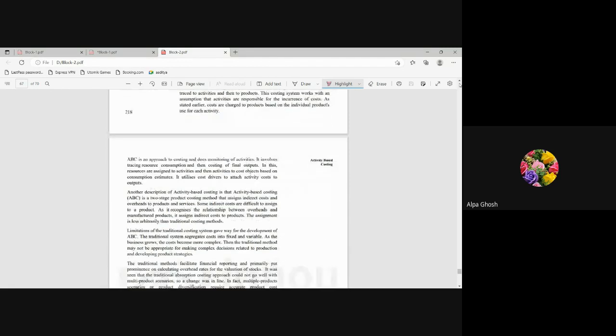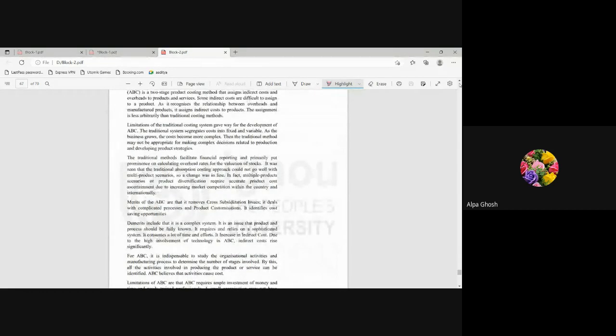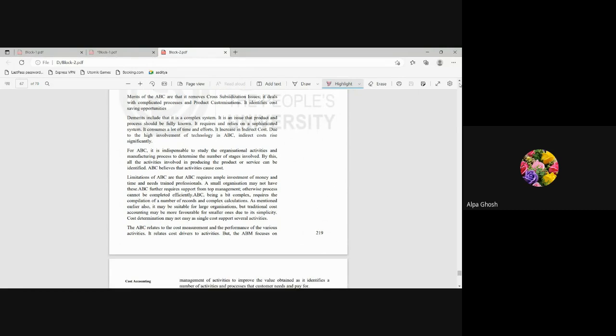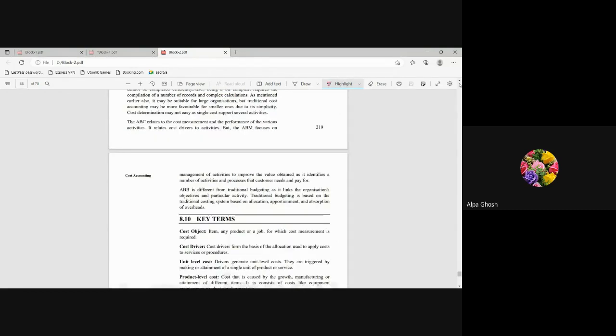The cost determination may not be easy as a single cost supports several activities. So there are various limitations in this. So what is the summary? The summary is that it is a traditional costing. Big organizations cannot afford to have ABC costing. It is not useful for small organizations.